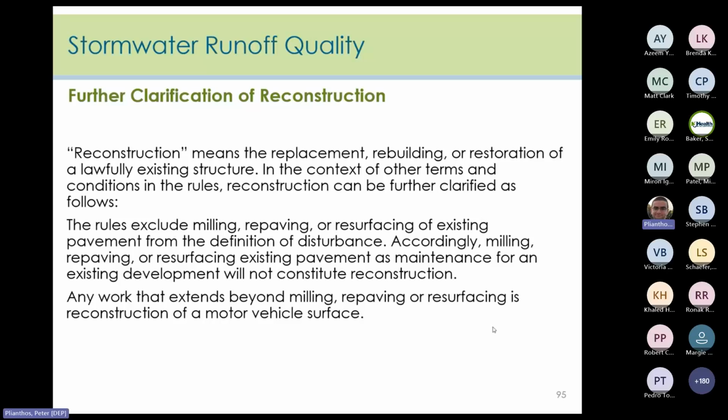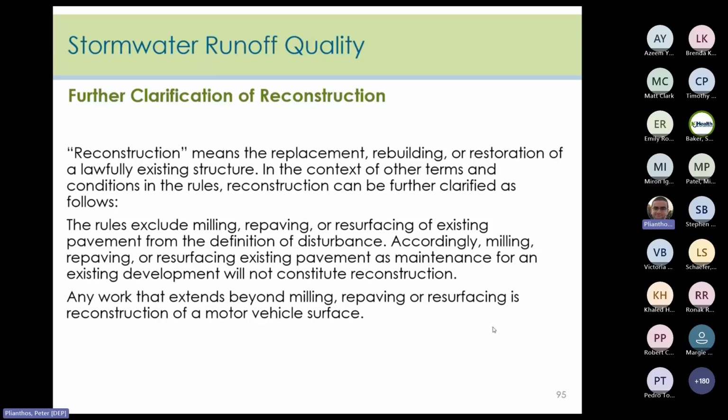We believe it will be helpful to provide some further clarification on reconstruction as it relates to the motor vehicle surfaces and disturbance. So when exactly does reconstruction apply, such as for work being done on existing pavement? In the amended definition of disturbance, the rules exclude milling, repaving, or resurfacing of existing pavement from the definition of disturbance.